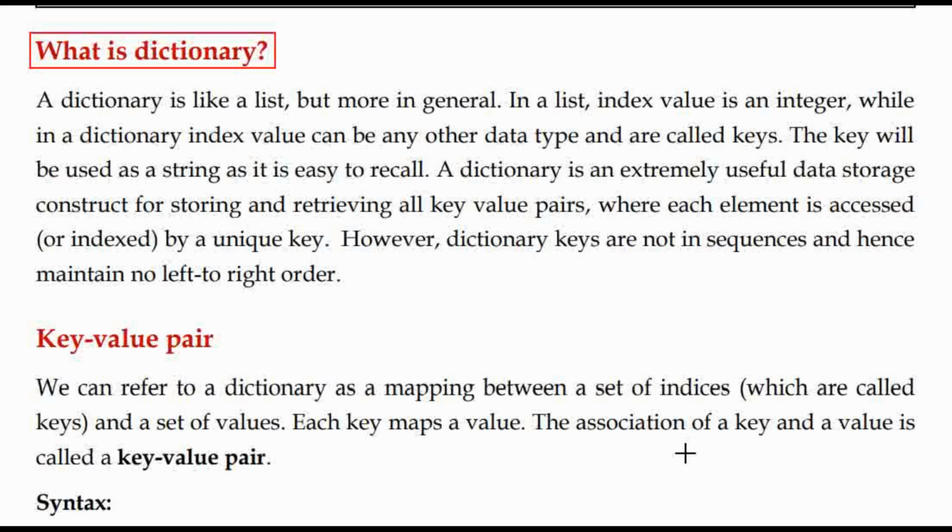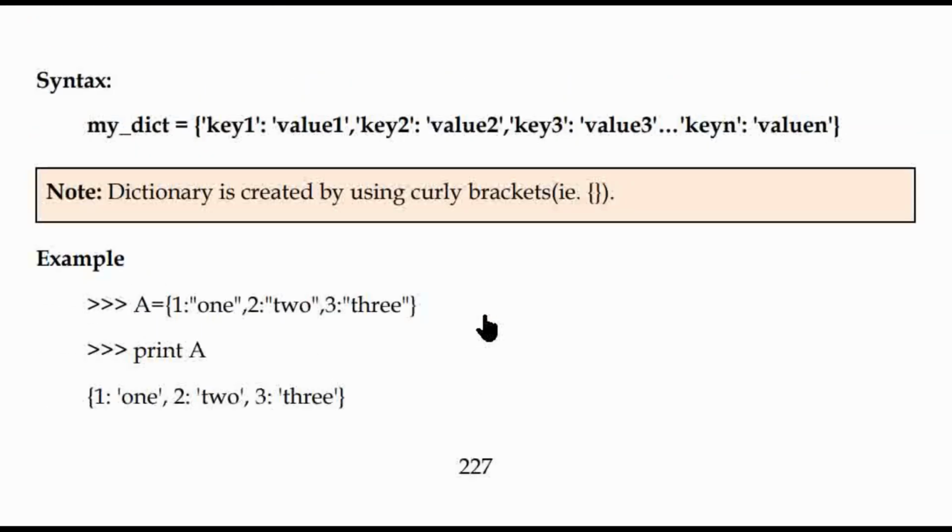This association of a key and a value is called a key value pair. Syntax: my dictionary, key 1 value 1, key 2 value 2, key 3 value 3, key n value n.